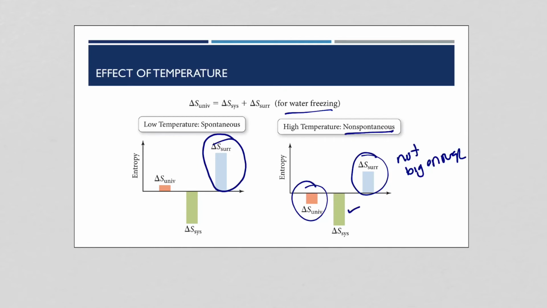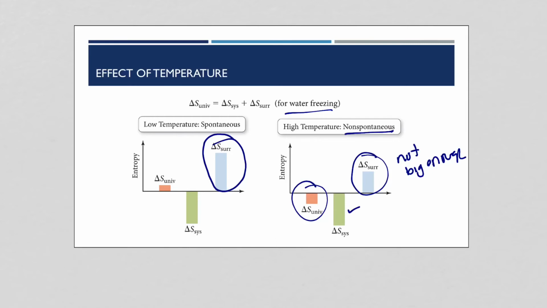And so the temperature of the surroundings is critical here, right? The other thing that we can take home is as the surroundings become higher and higher in temperature, the same amount of heat being added to them, it's the same process going on, doesn't have as big of an effect.